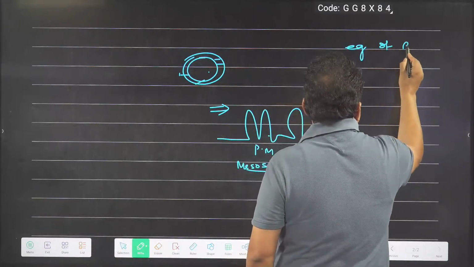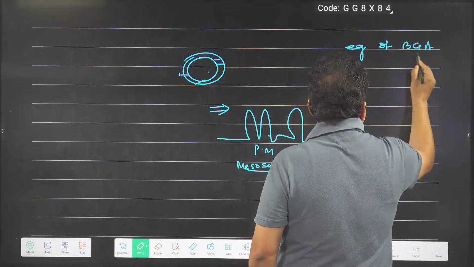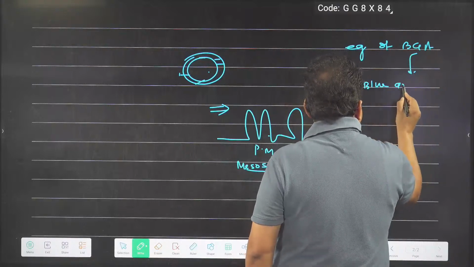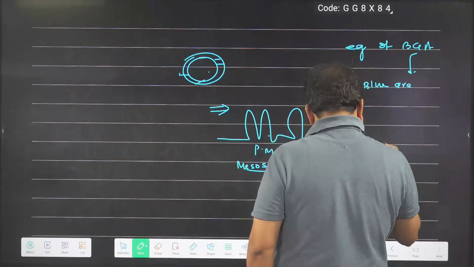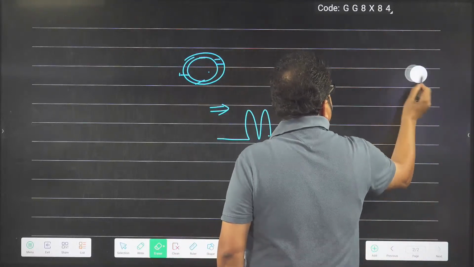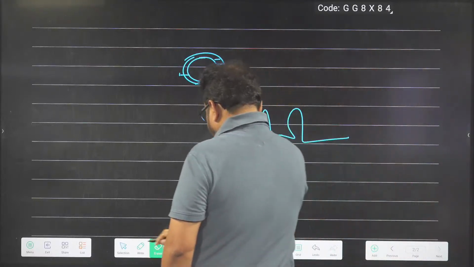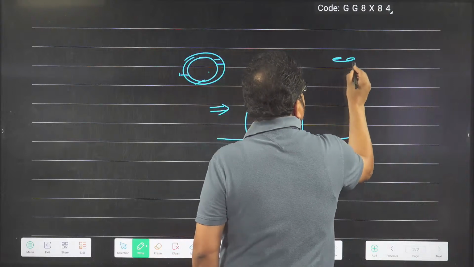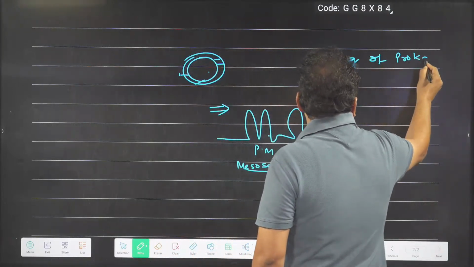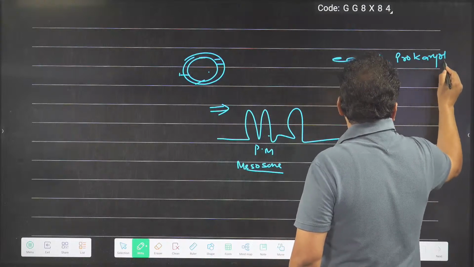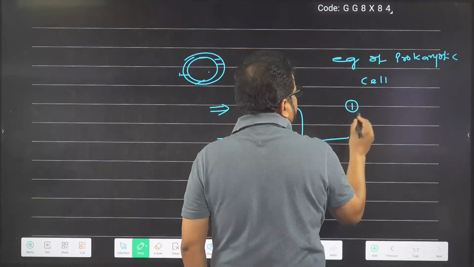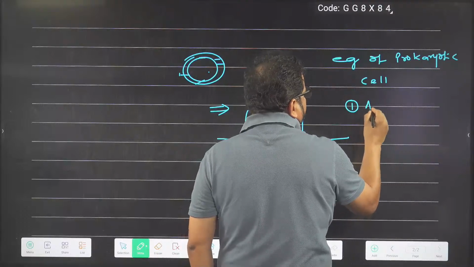Example of BGA. In short, blue-green algae is called BGA. Full name I am also writing. Blue-green algae is an example of a prokaryotic cell. See, I am writing many examples of prokaryotic cells. First I am writing Archaebacteria.